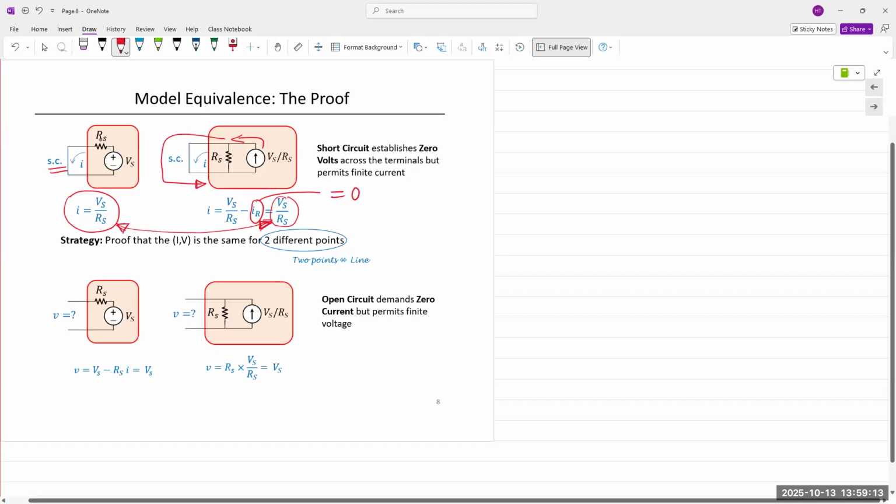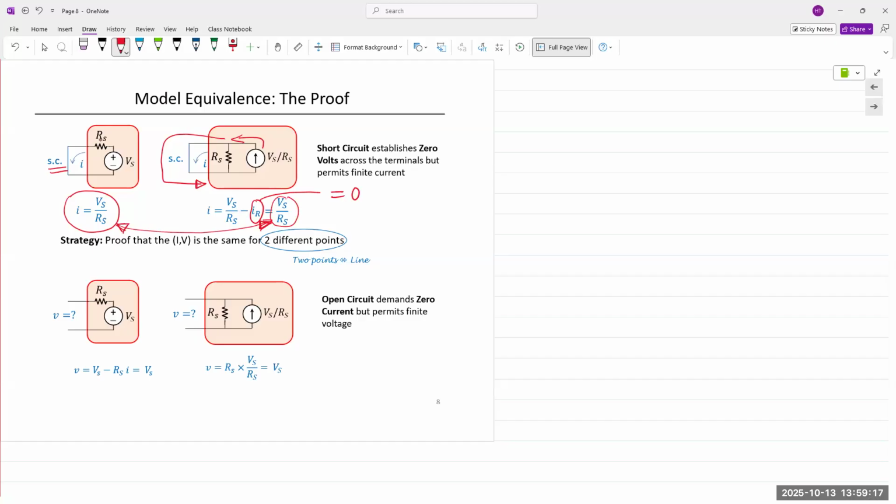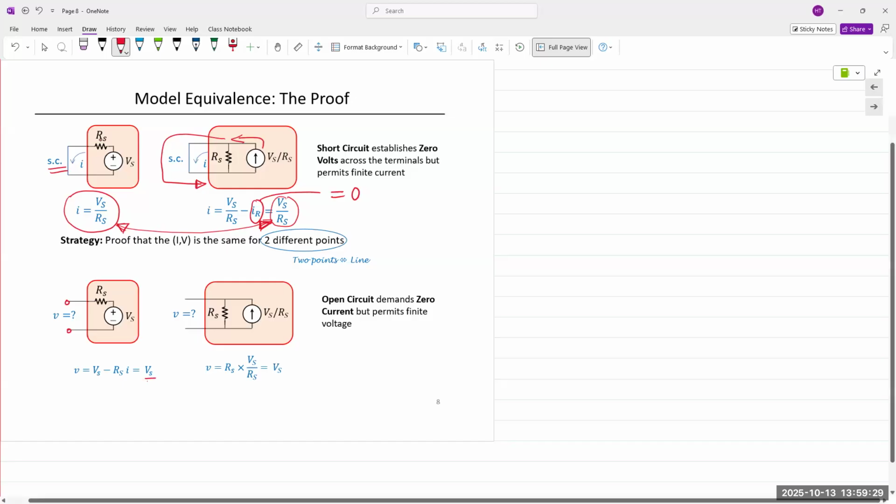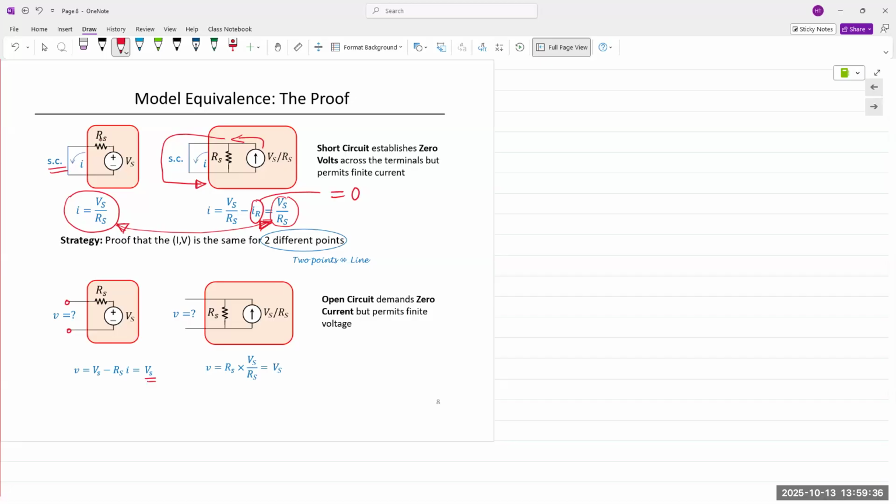Okay. And then if we take both the sources, keep the output terminals open and measure the voltage at the output terminals, what do we get? V is equal to Vs. Why? Because the terminals are open, there is no current that's flowing through there.